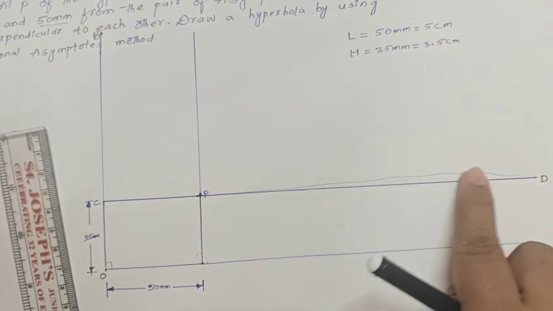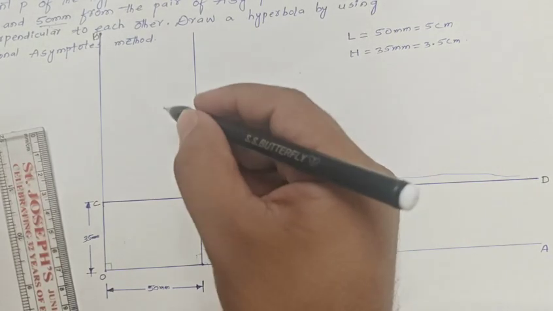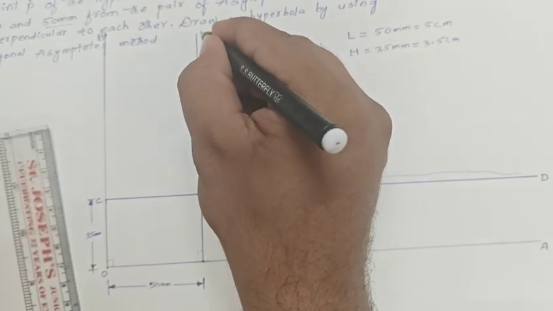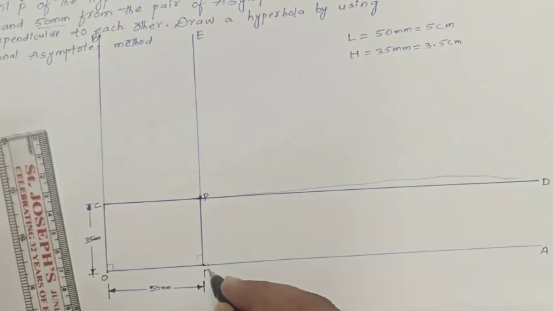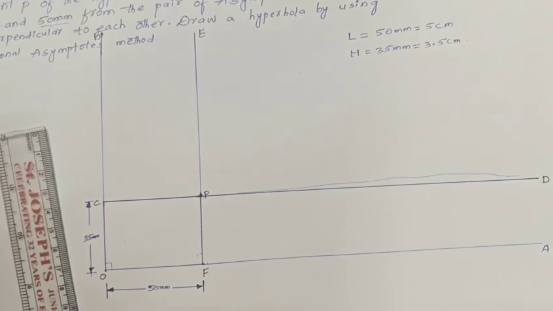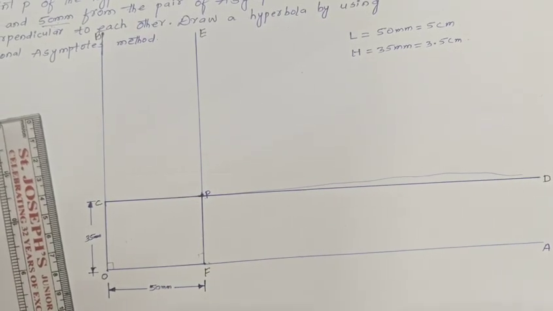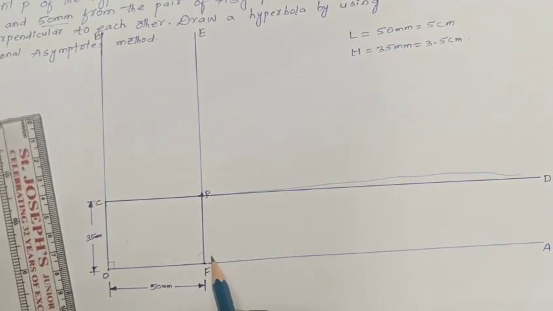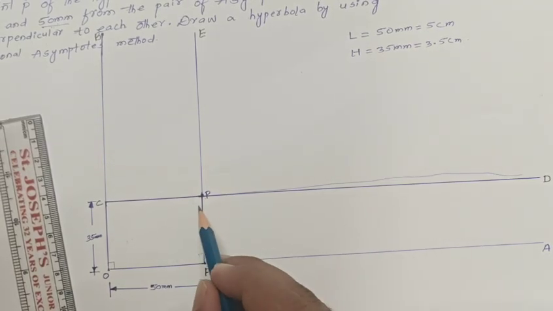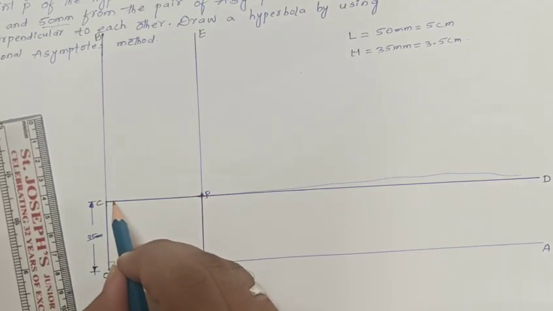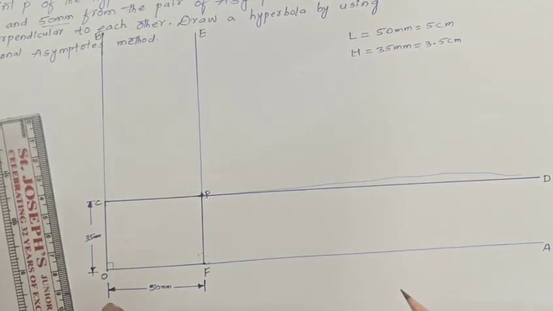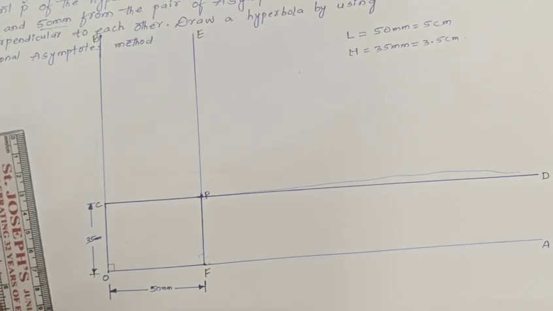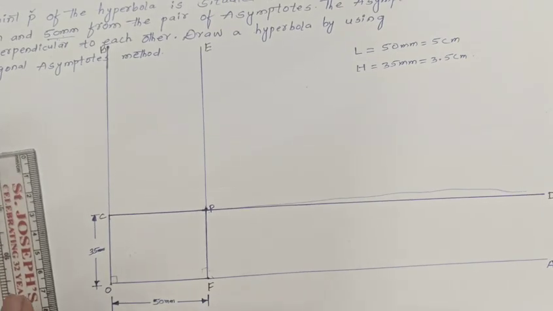You need to erase all the unnecessary lines. And this point is called point E and this point is called point F. Clear? Each line is making an angle of how much here? 90 degree. Is it right? From this side 90, from this side 90, from this side 90. So this method is called the orthogonal asymptotes method. Each line is making an angle of 90 degree.